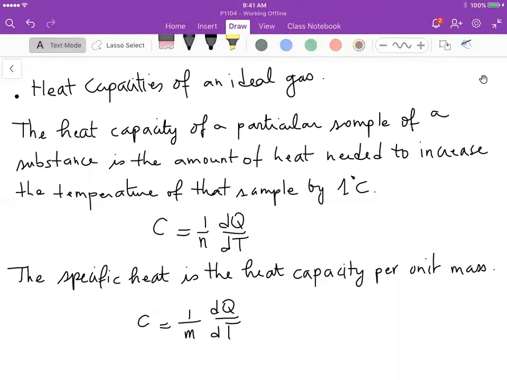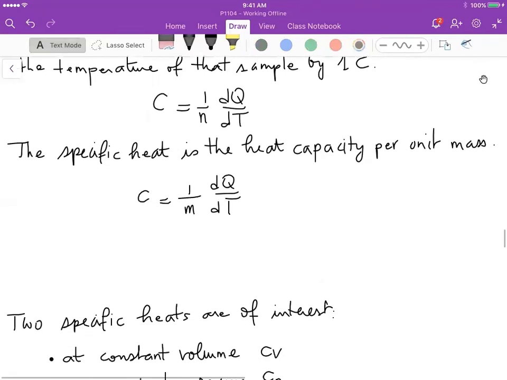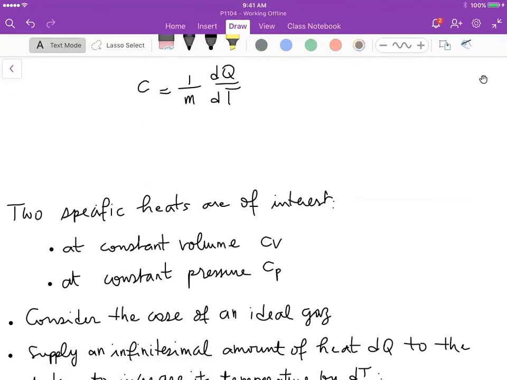Now, we actually have two specific heats that are important. Usually, when we heat or cool some substance like a gas, this can be done in several ways. It could be done at constant volume, at constant pressure, or in such a way that P and V are allowed to change in some specific way.